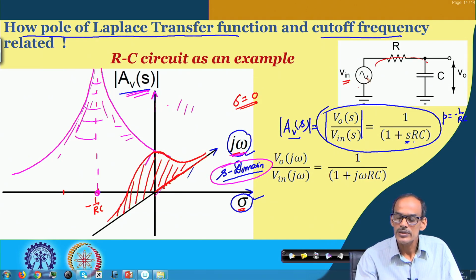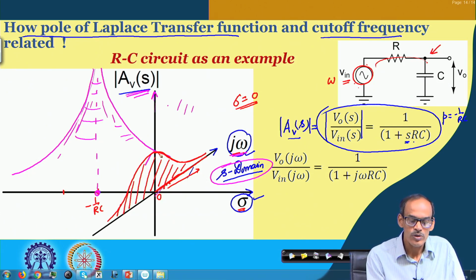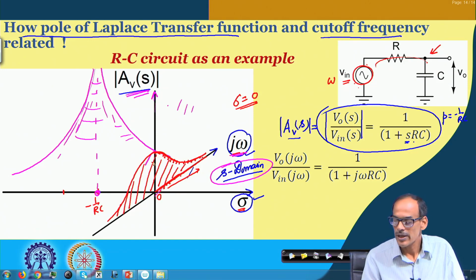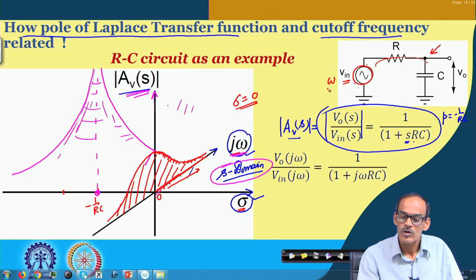In other words, in this experiment, if we change the frequency omega starting from 0 towards higher and higher frequency, keeping the input magnitude constant, and observe the magnitude of the output signal, how the magnitude changes with omega is the profile we get from this line. This line is nothing but the response of this circuit to a stimulus whose magnitude is not changing with time.